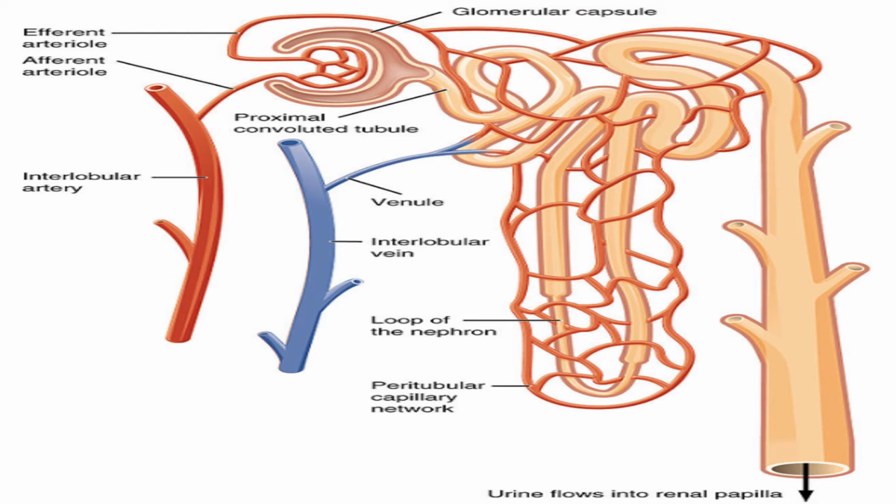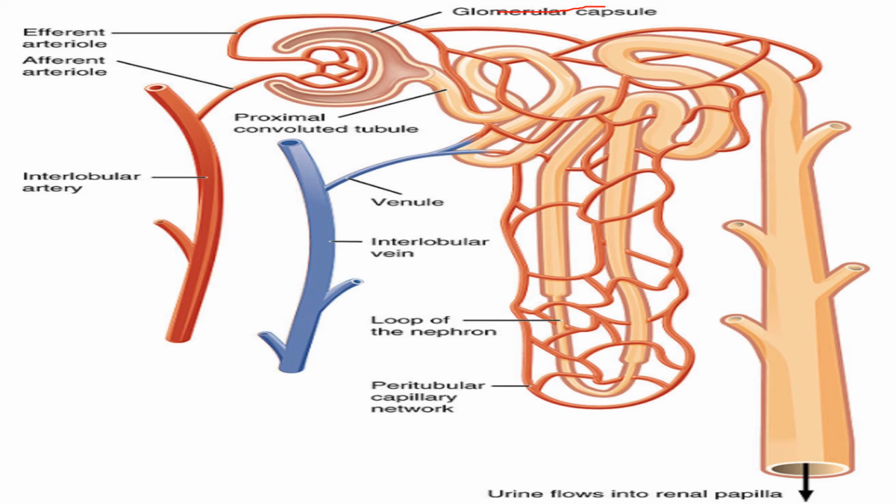But the discussion does not end there. There are also many capillaries surrounding the whole nephron, and these capillaries are named differently with reference to the parts along which they are present. The first capillary network is the glomerulus. The glomerulus is present inside the Bowman's capsule.